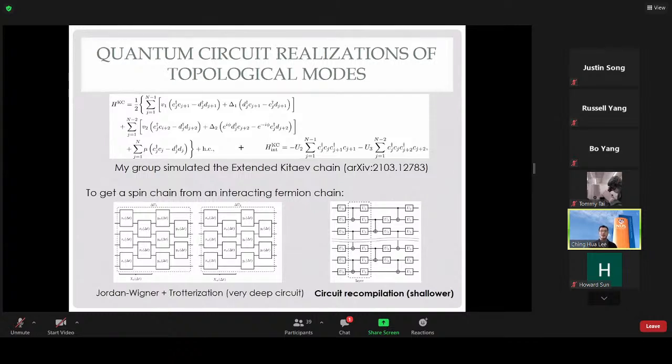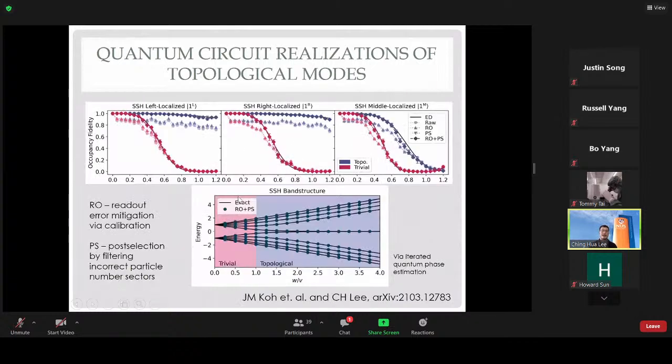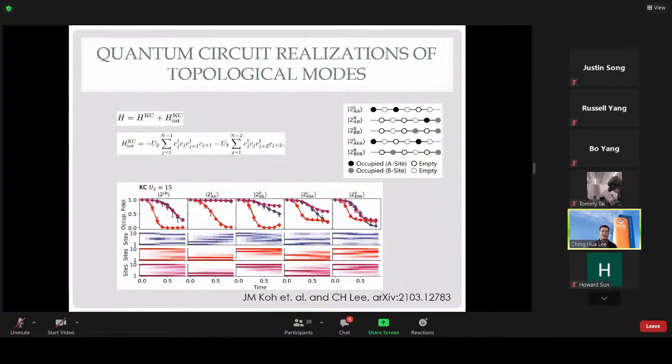So with the simulation of such Hamiltonians, we could for the first time realize not just the SSH topological realization, but also other types of systems, like D-class topological modes, with next nearest neighbor hoppings and so on.